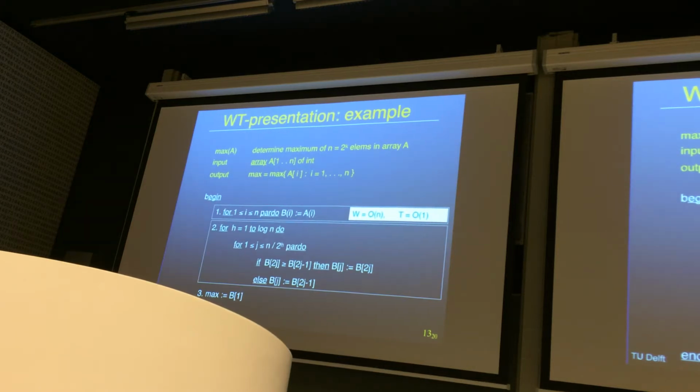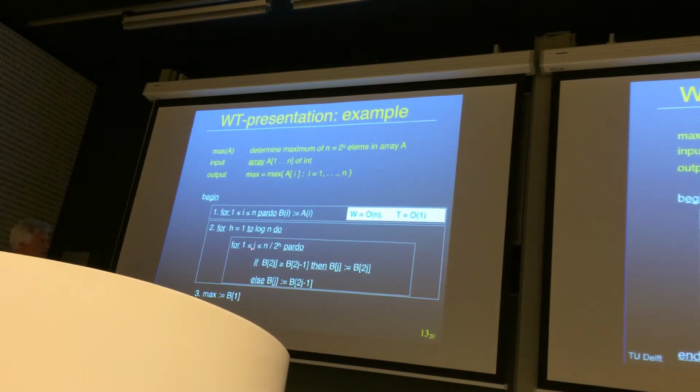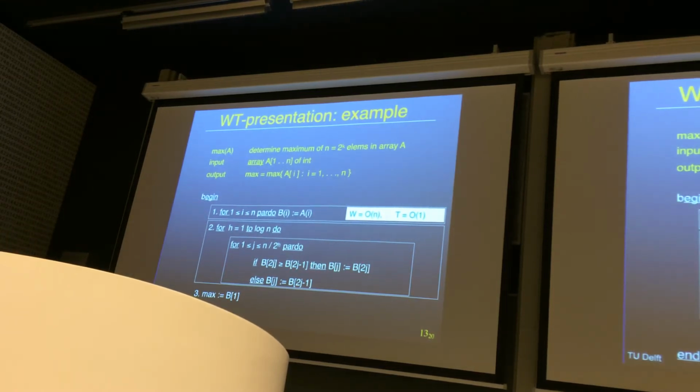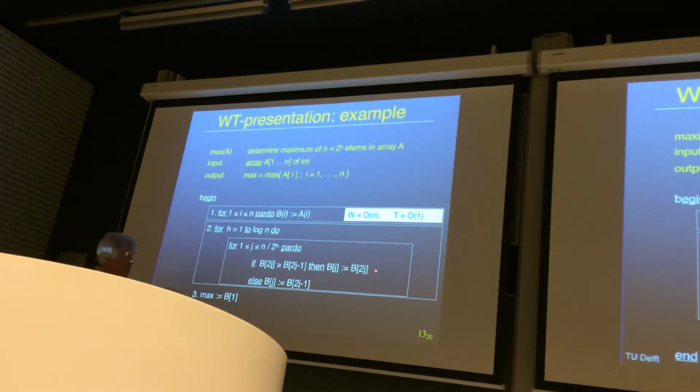Then we have the second time step, and you see that here we have a sequential for loop, and in this sequential for loop we have an additional parallel for loop to execute. Now we have to compute the time and work complexity for this for loop. Well, that's quite easy, because every statement requires a constant number of operations, so it can be performed in O(1).